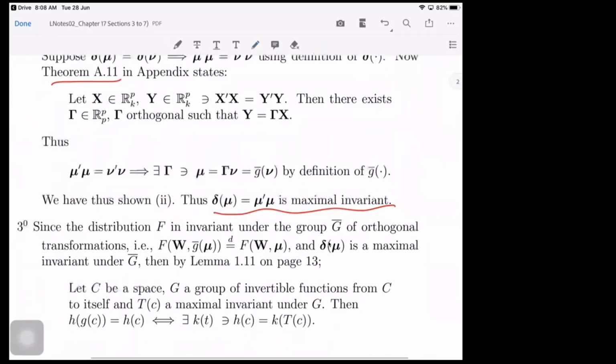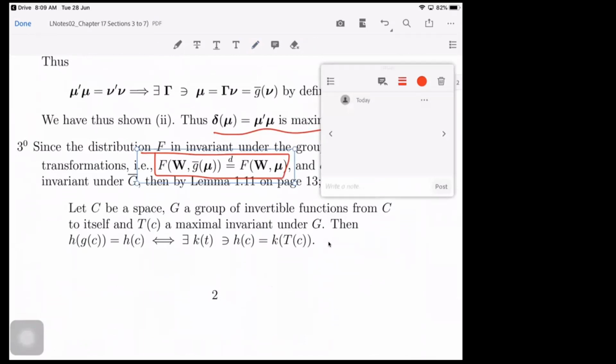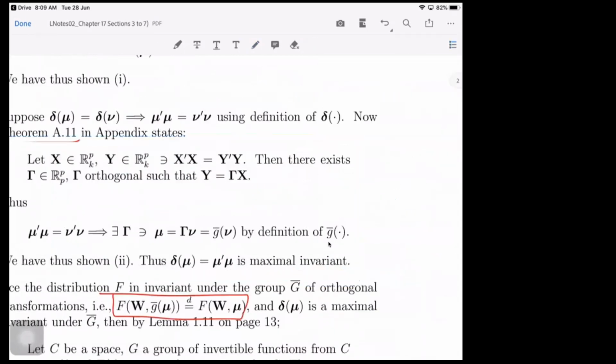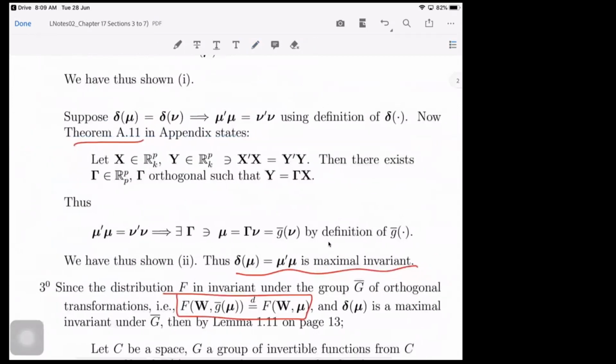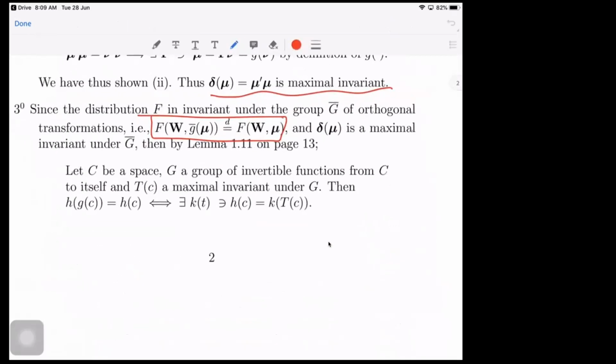And then after doing that, you have a function f of W, and some transformation will be equal to this. It's just the same as this distribution here.